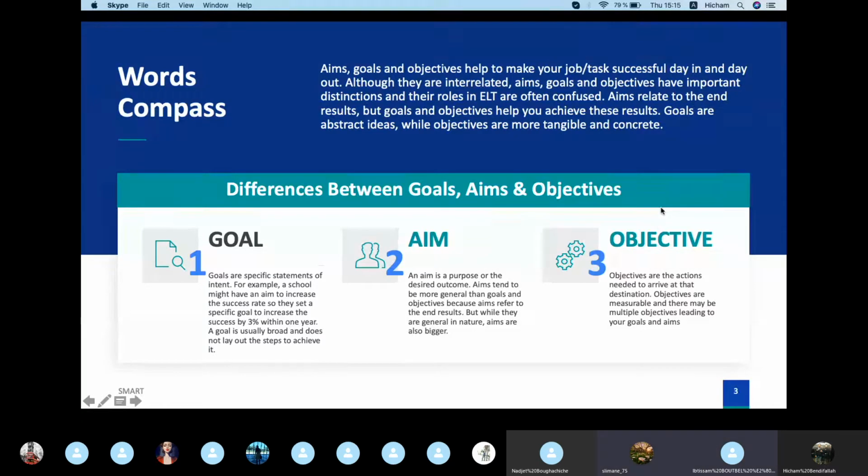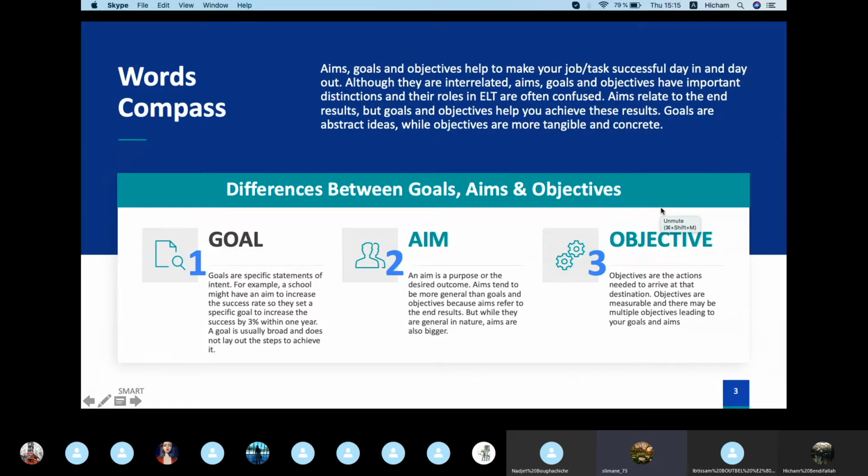Thank you. So I think that the difference between goal and aim is like, for example, the goal is the thing that I want to achieve, and the aim is why I need to achieve this thing. For example, the goal, as Hicham said, is to increase the success by 3%.